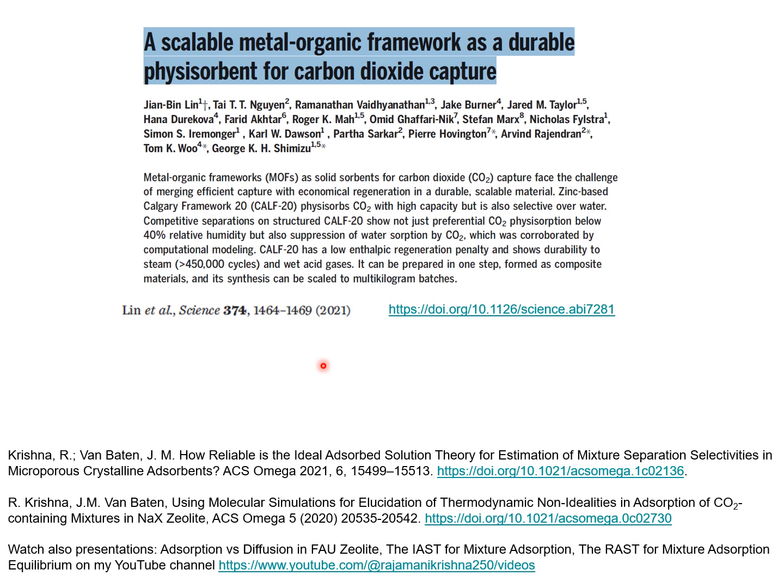An examination of the experimental data on CO2 capture indicates that strong non-idealities are prevalent in mixture adsorption.